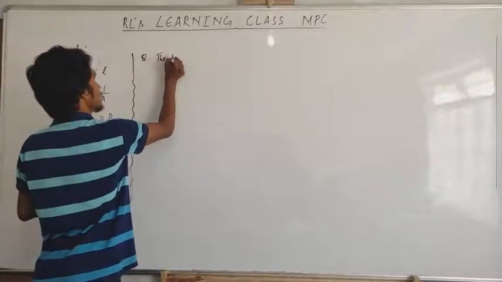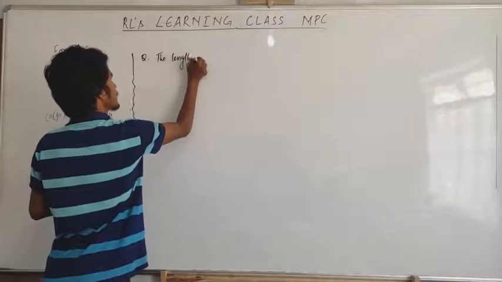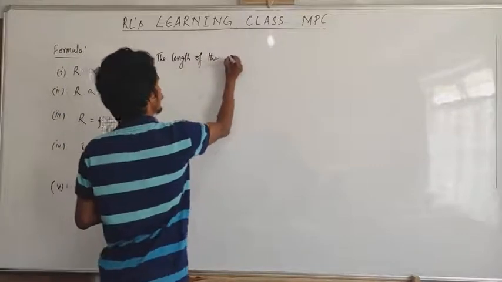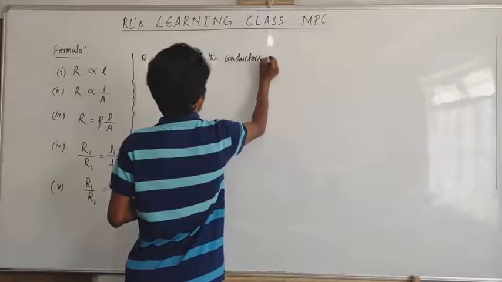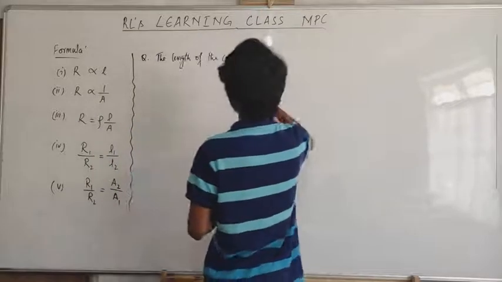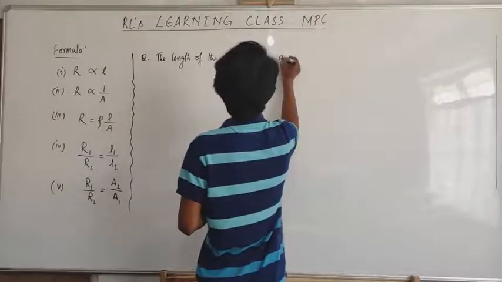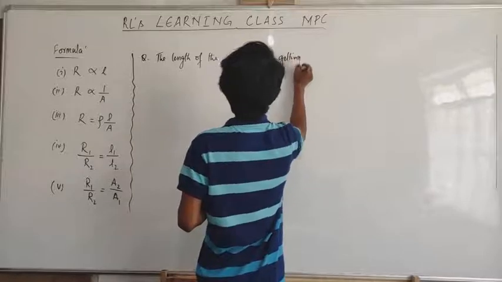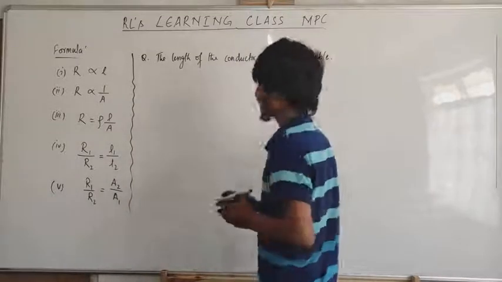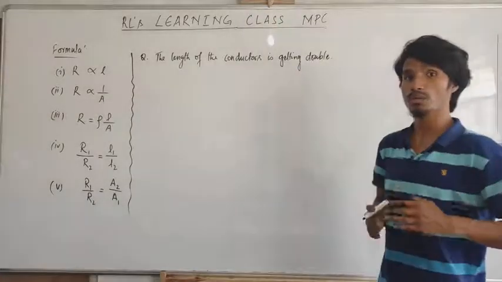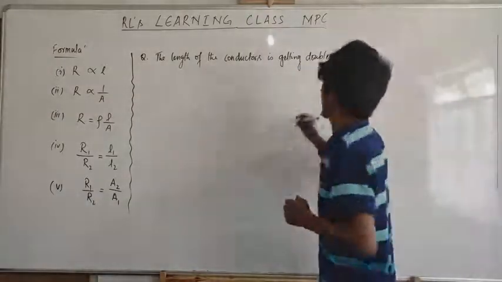The length of the conductor is getting double. What is the change in electrical resistance?